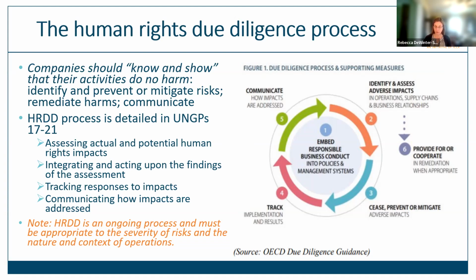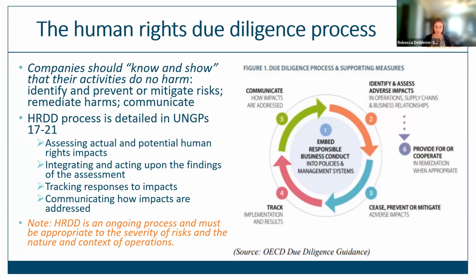Importantly, risks to people and not risks to the company should be the focus of an impact assessment. The needed human rights expertise should be used to conduct the assessment, and throughout the assessment, stakeholders should be engaged in a meaningful manner, in particular affected rights holders. Again, our webinar on May 12th will explore context and sector-specific human rights impact assessment in more depth.